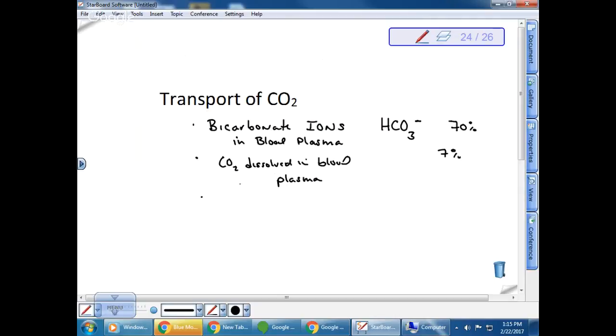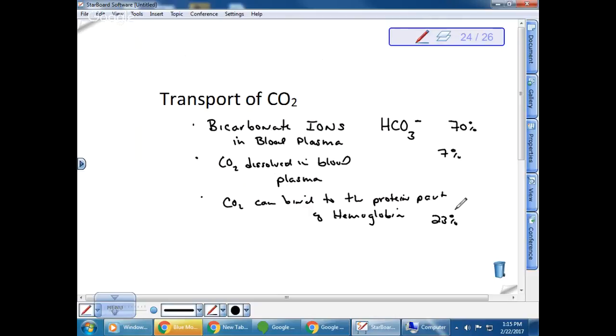And then interestingly, CO2 can bind to the protein part of hemoglobin. And so like 23% is transported in that fashion. Okay.